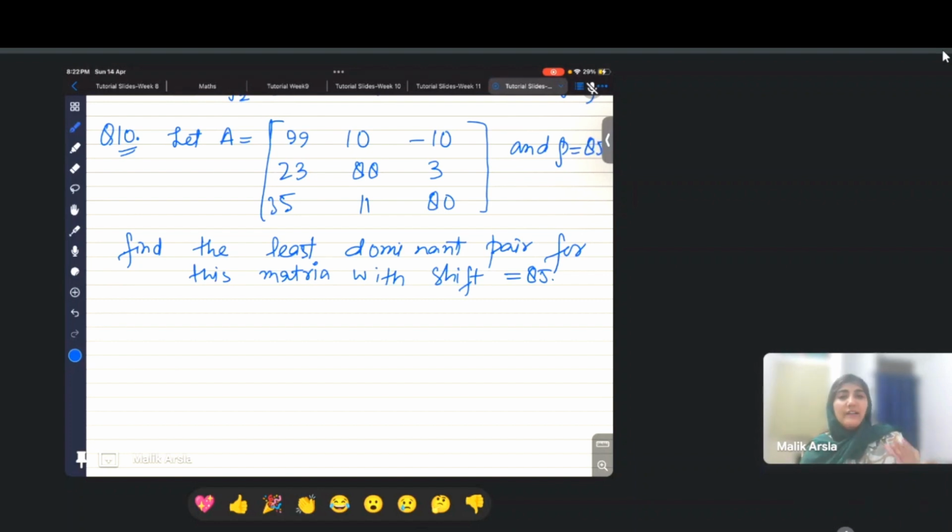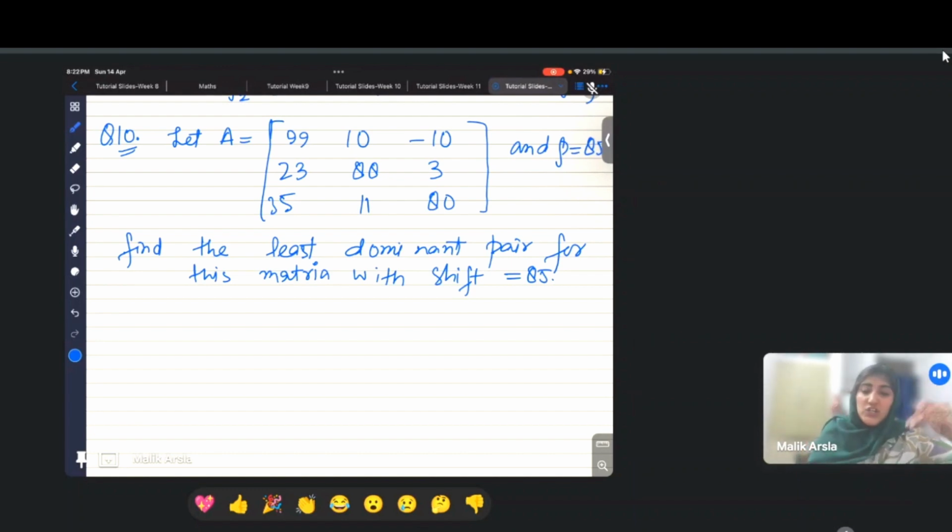I'll tell you what I have done in this case. You have been given the shift and the matrix A, and you have to find the least dominant pair. Basically, we first define a matrix A minus rho I, because that is the shifted matrix. For that, you take its inverse first, and follow the same procedure.